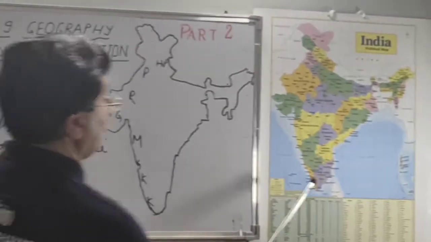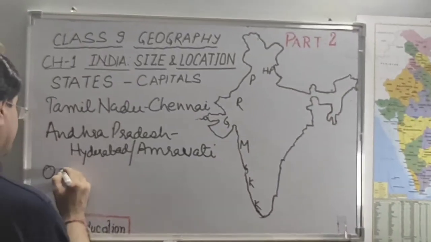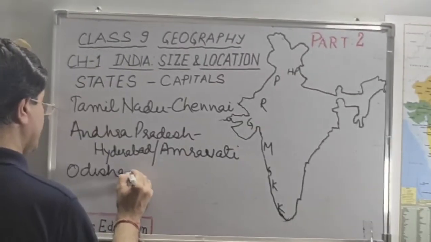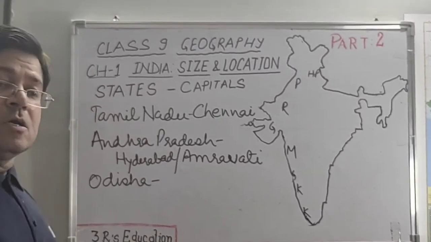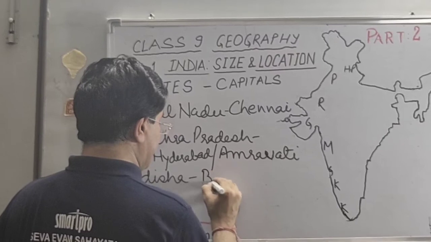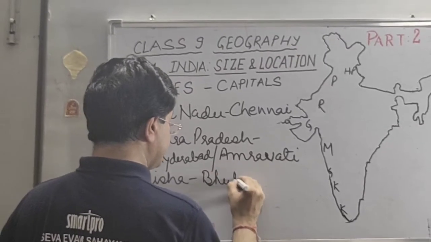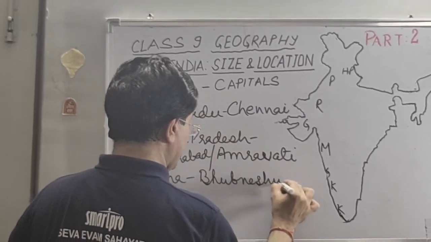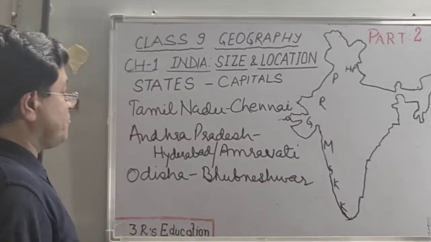Okay, if you further move along the eastern coastal boundary of India, then we have Odisha. Odisha is the same state where we have the Puri temple, the famous Konark temple, and its capital is Bhubaneswar.